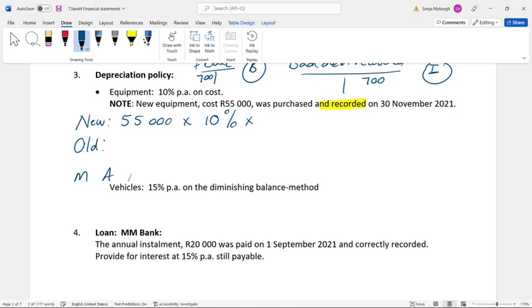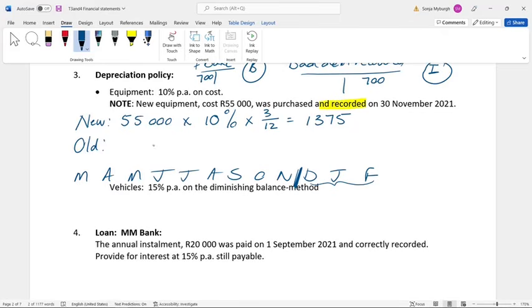March, April, May, June, July, August, September, October, November, December, January, February, end of the year. We bought this on the 30th of November. So we can only write off depreciation for 3 months. Because we only had that equipment for 3 months, 1375.